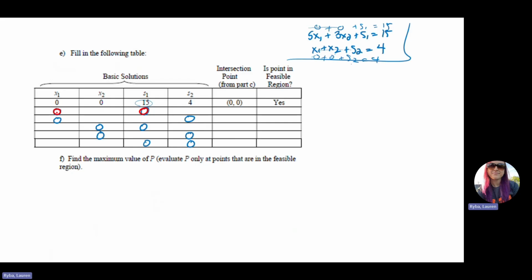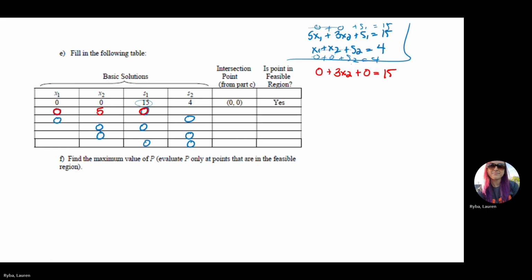Okay, so I'm going to make x1 and s1 0. So I'm going to start with that top equation. So 5x1, that's 0 for the first one, plus 3x2 plus s1 is 0 equals 15. 3 times what is 15? 5.